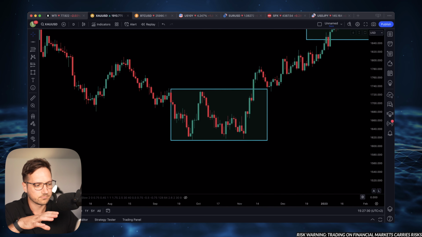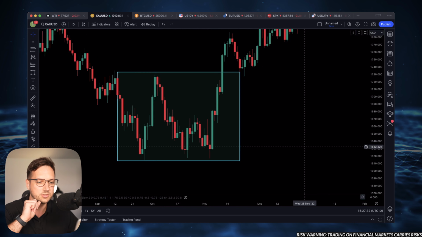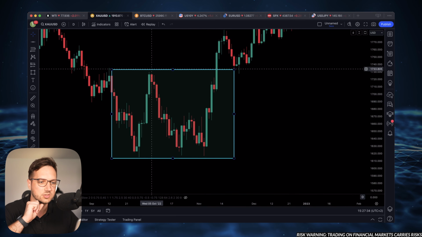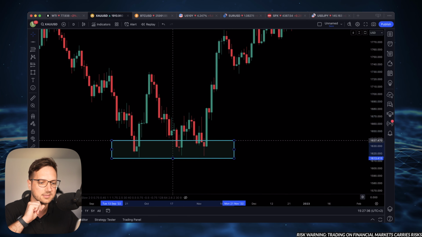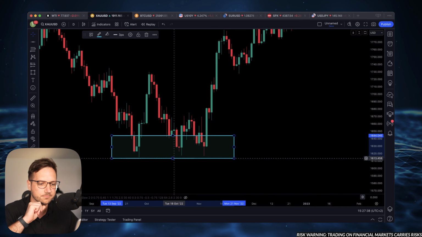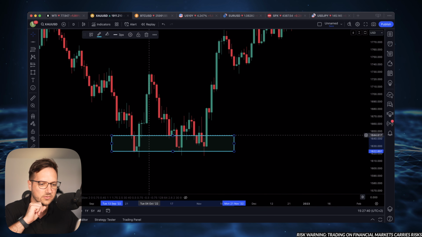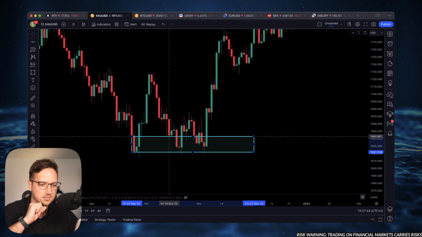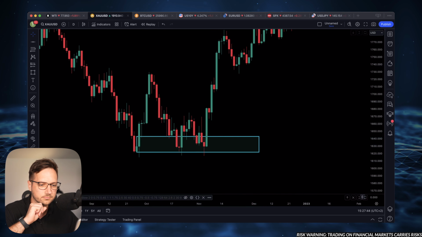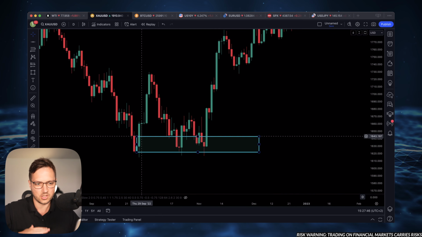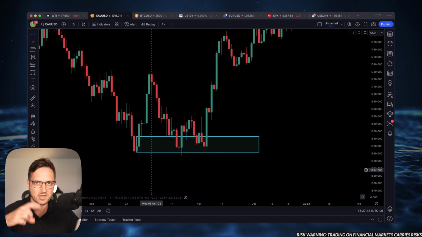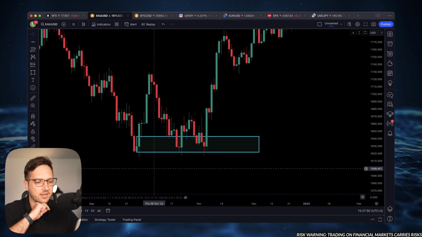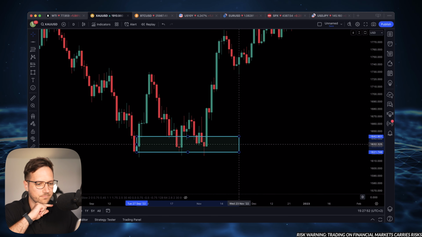And again, next what we need to do, of course, is to mark our demand zone in this situation. We are looking at this green candle, basically from the lowest point to the highest point. So we are measuring also the notches, and this is our zone.